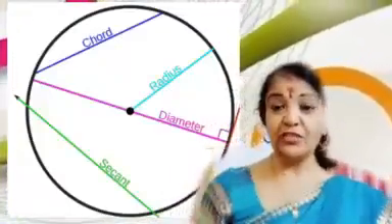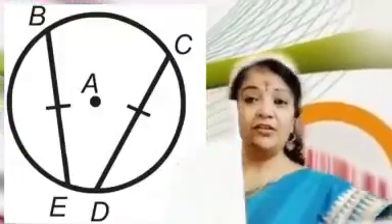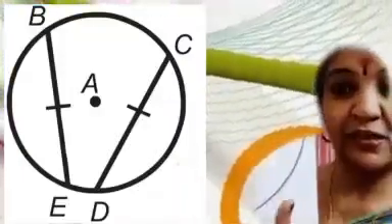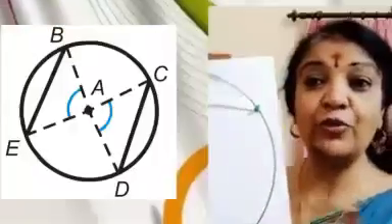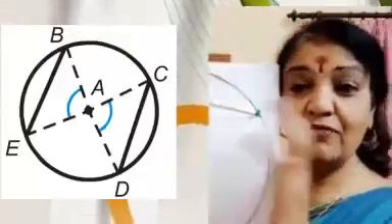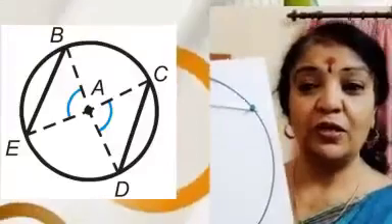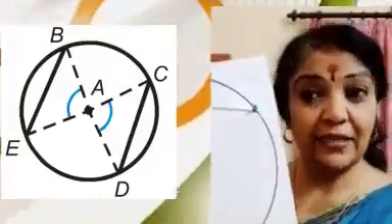So here the first concept is, if you draw any two equal chords, like I have drawn here, this is one chord and this is another chord, both equal, and this is the center. The first concept is, these two equal chords make equal angles at the center.